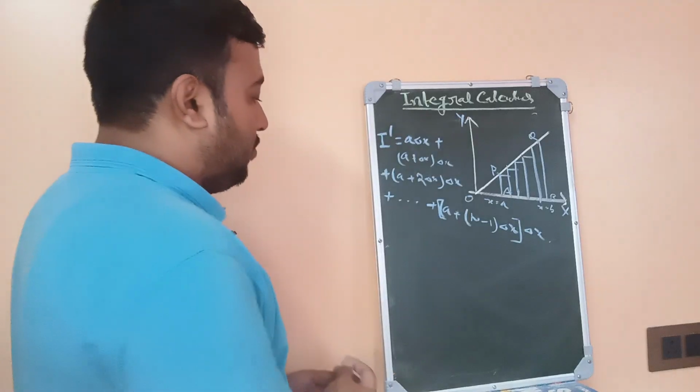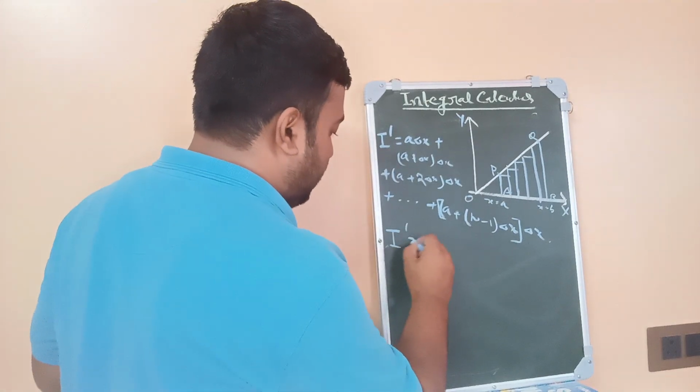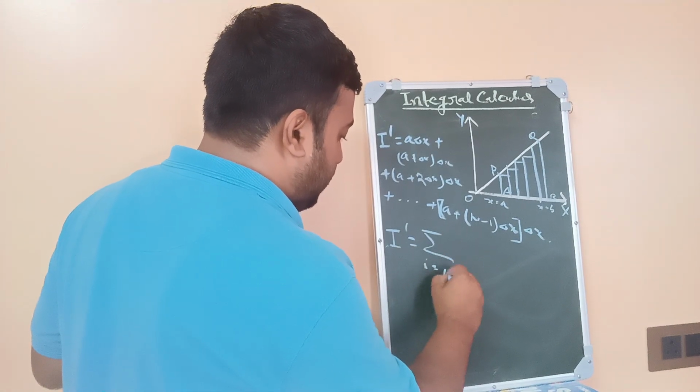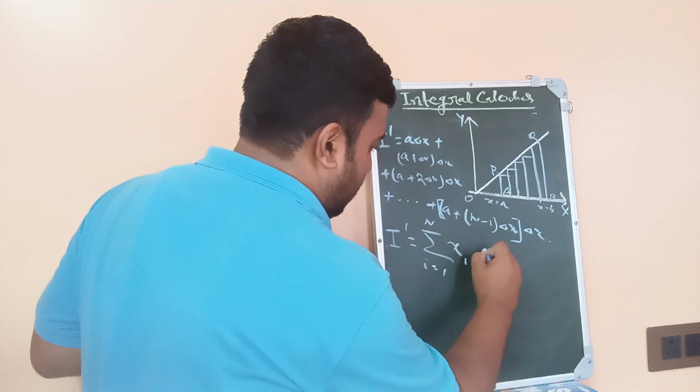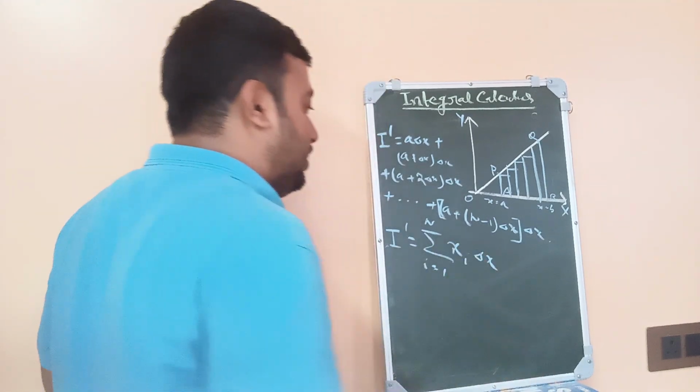So this sum also can be written as I prime = summation i = 1 to n, just like before, xi into delta x.